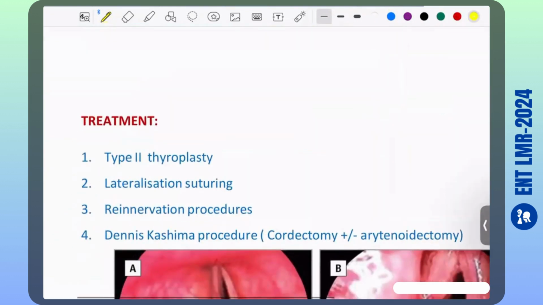So type 2 thyroplasty or lateralization thyroplasty, lateralization suturing, reinnervation procedure, or the Dennis-Kashima procedure. In the Dennis-Kashima procedure we remove one side's posterior half of the cord and the arytenoid process, so that will create some space for breathing. In this patient the vocal cords are in the midline, so there is no space for breathing. In such a case we could do this procedure.